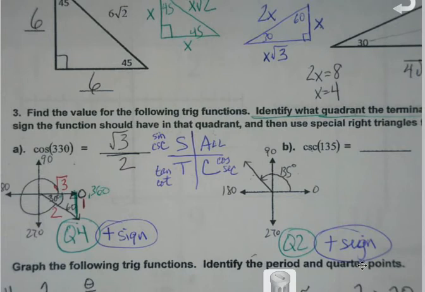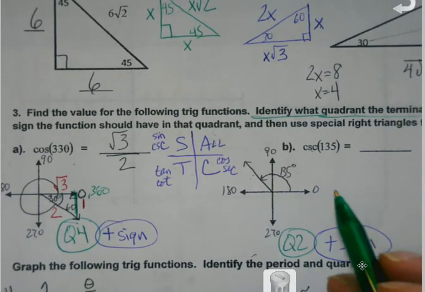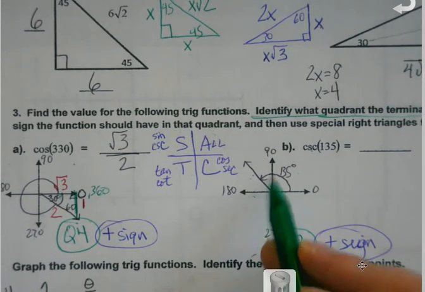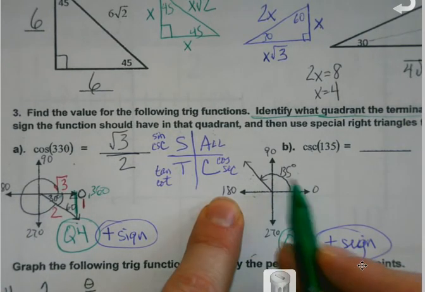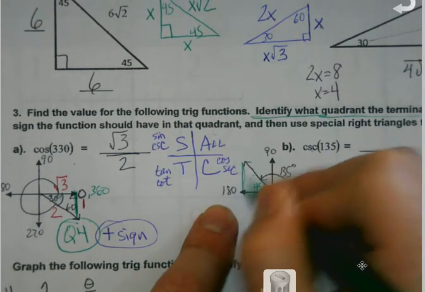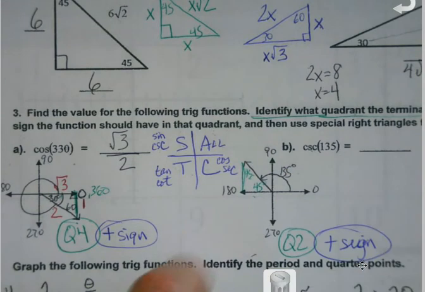But this one works. So I continue, and I say, okay, I need to know my reference angle. Well, that's to get me back to here. So to get back to my x-axis, I just subtract these. 180 minus 135 means I'm going to have a 45, 45, 90.